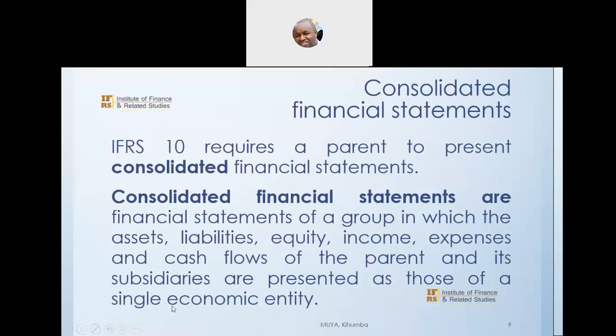IFRS 10, I hope you know what IFRS 10 stands for, requires a parent to prepare consolidated financial statement. By the way, the title of IFRS 10 is Consolidated Financial Statements. What are consolidated financial statements?